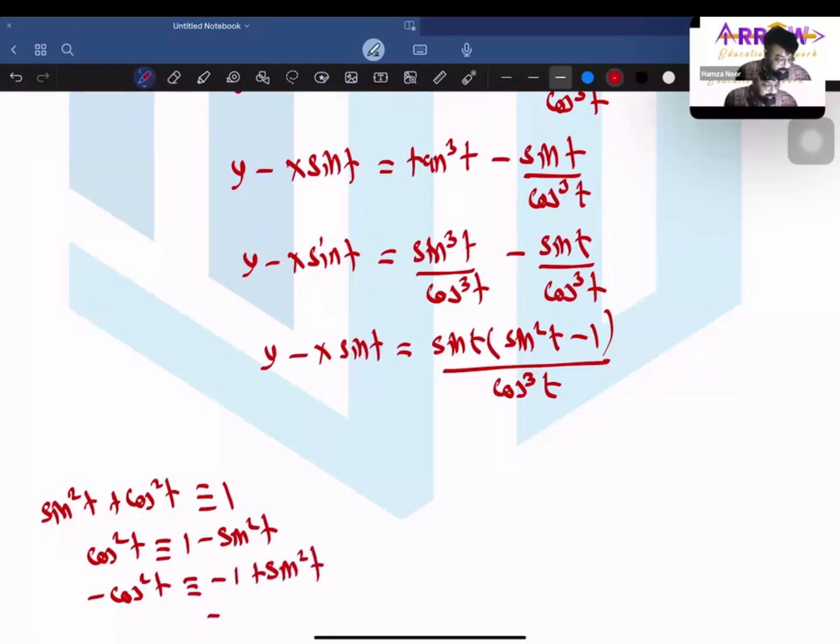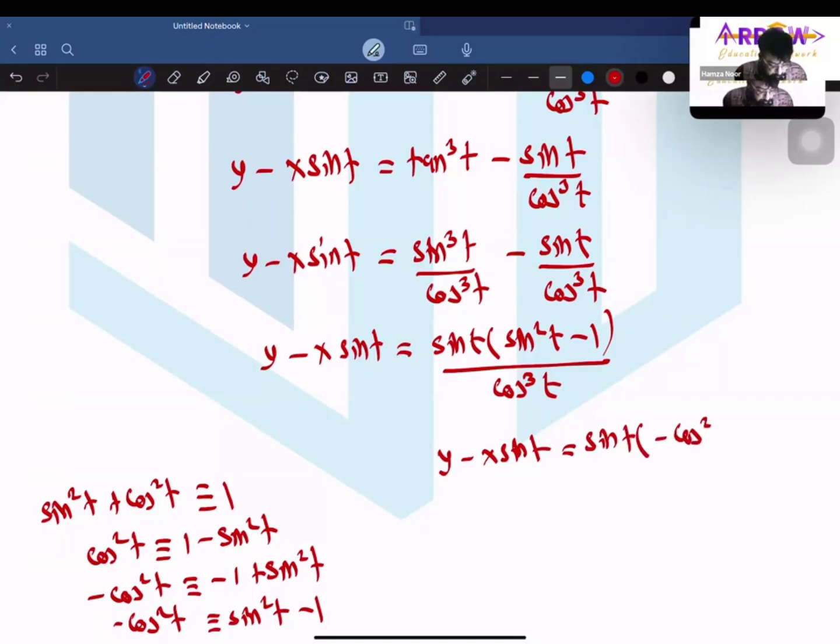So now I can simply say that sine square t minus 1 is identical to minus cos square t. Wonderful. Okay, so y minus x sine t is equal to sine t multiplied by, in place of sine square t minus 1, I can write minus cos square t, and this is divided by cos cube t, and cos square gets cancelled out.